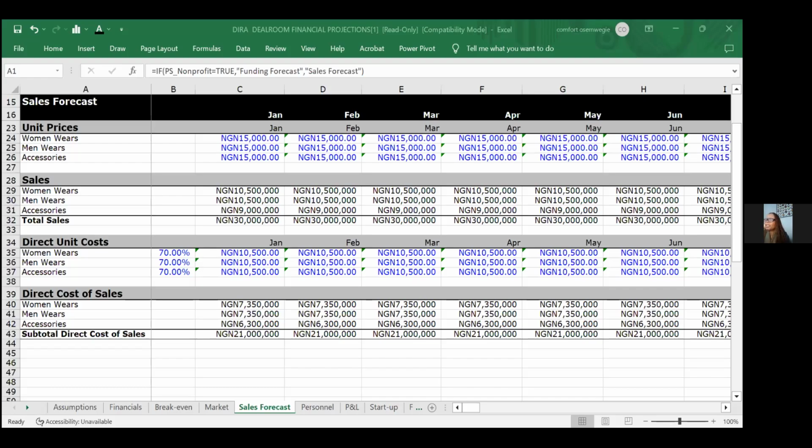Okay. So I've changed the sheet that we're using. I think there's a lot of editing on the other one that I have, so it's a bit confusing.